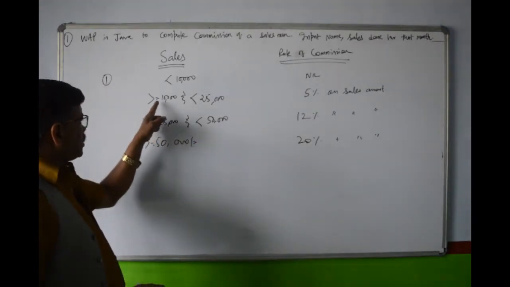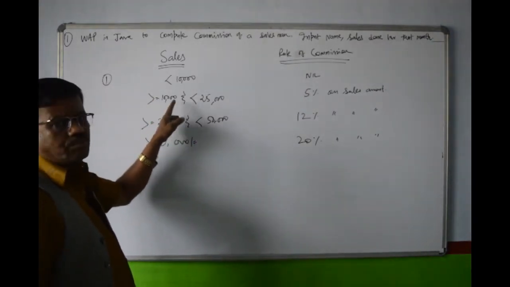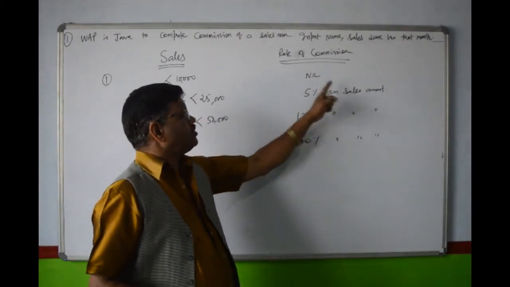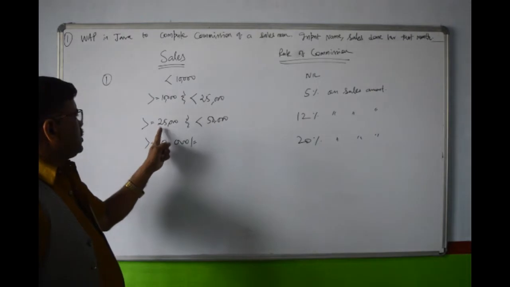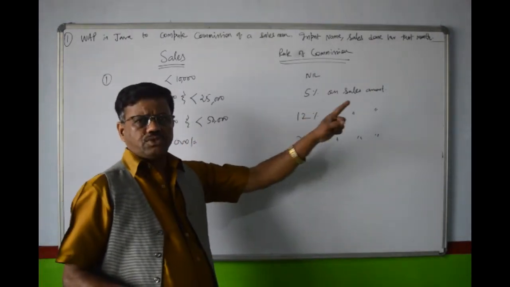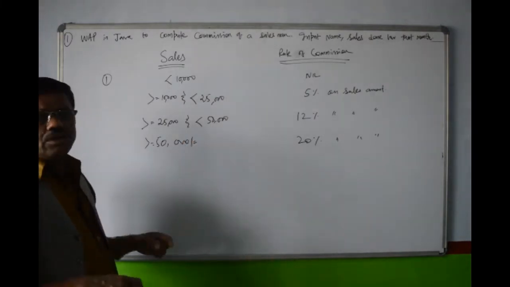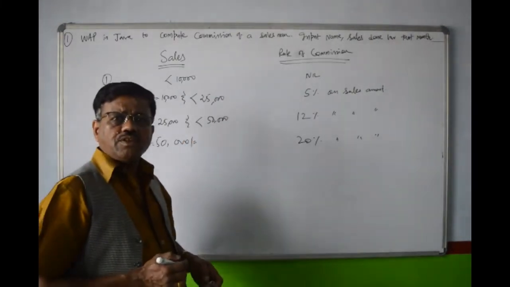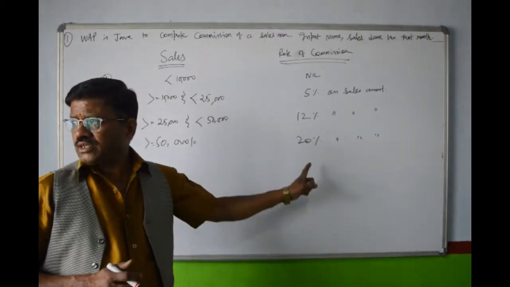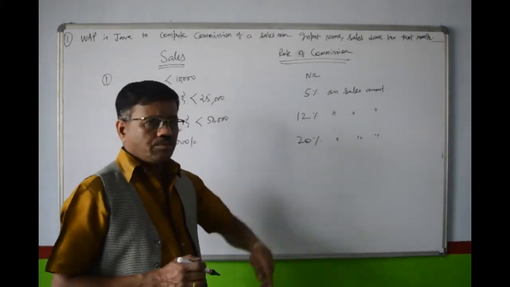If it is 10,000 or more but less than 25,000, you have 5% on the sales. If it is 25,000 and less than 50,000, you have 12%. If you do much more than 50,000 sales per month, you are encouraged to do more sales, and 20% will be given as commission.